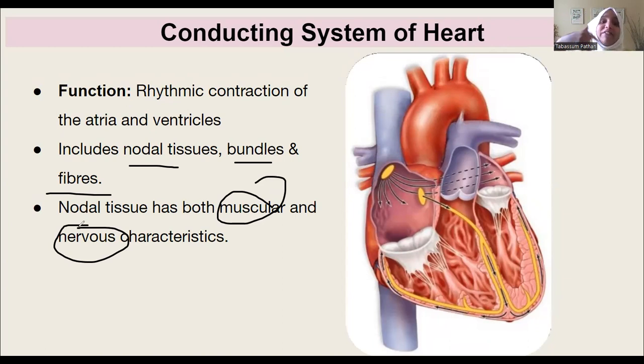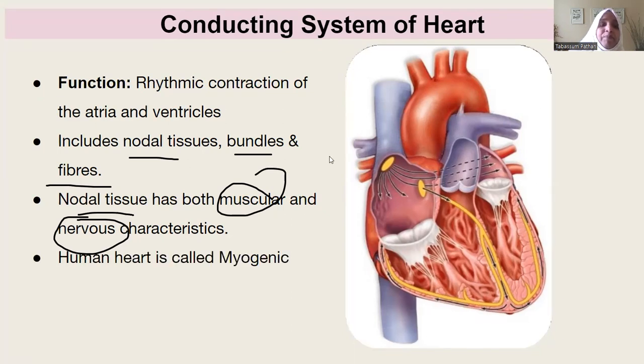At the same time, they will also send signals: when the atria are to relax or contract, and when the ventricles are to relax and contract. That is the nervous nature as well as the muscular nature. This nodal tissue has both characteristics, muscular as well as nervous. Hence the heart is also known as myogenic in nature.